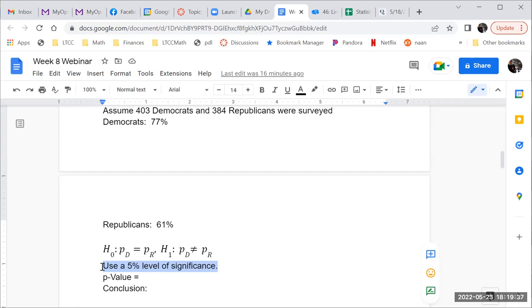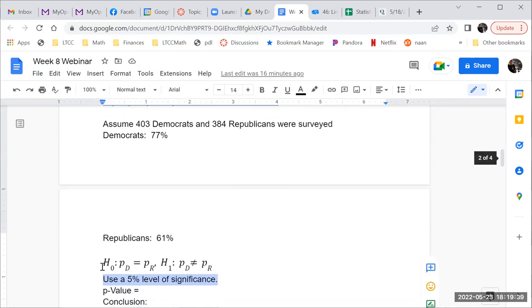Okay, so the next thing we need to do is find the p-value. And hopefully you have an idea of how we might go about that. Okay, the calculator. So we can look at Democrats first, and there were 403 surveyed, 77% supported it.